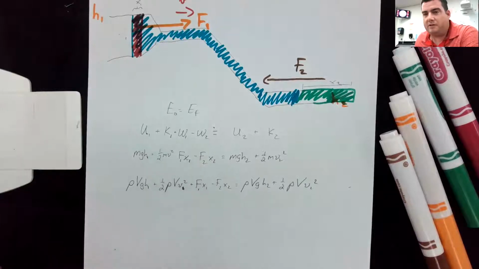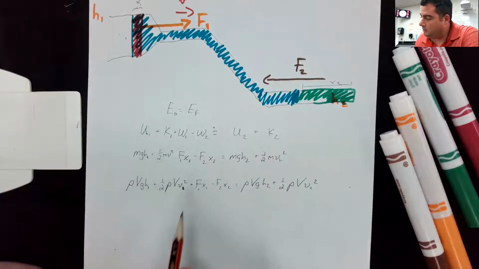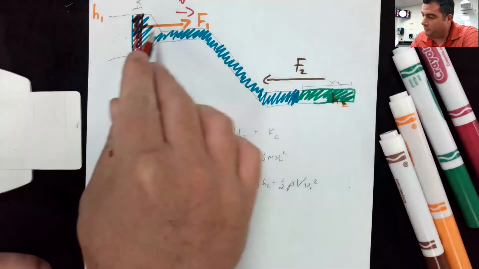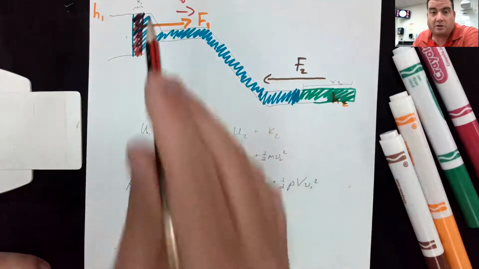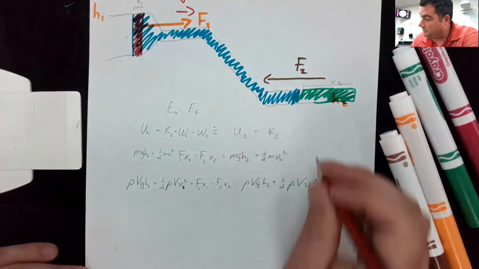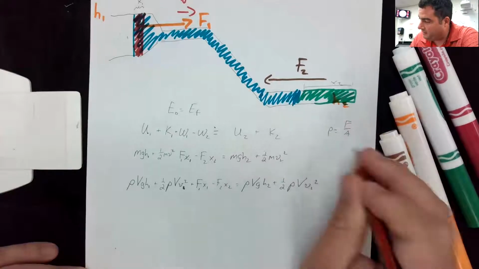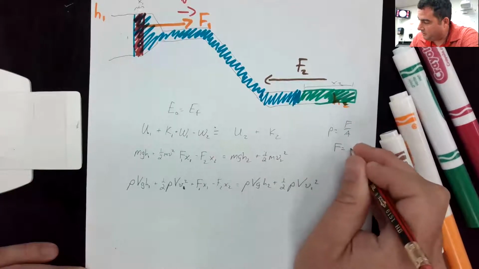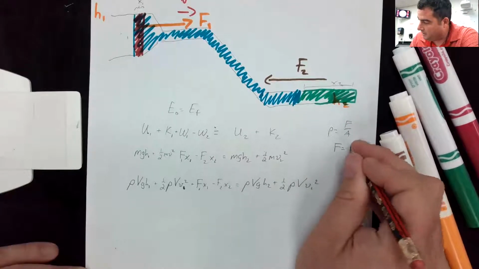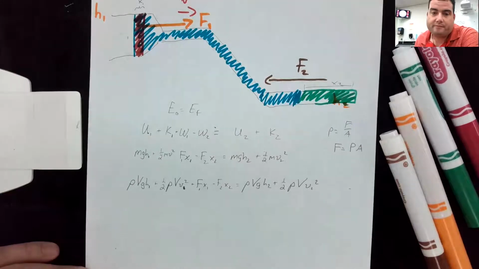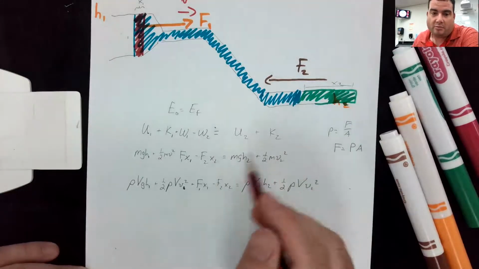What else could I do to make this fluid? These forces are going to be causing pressure on the fluid. Since we know pressure is defined as force divided by area, force is going to be PA. So I can plug that in.